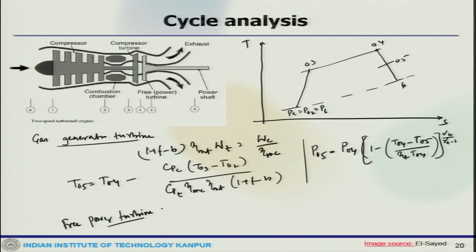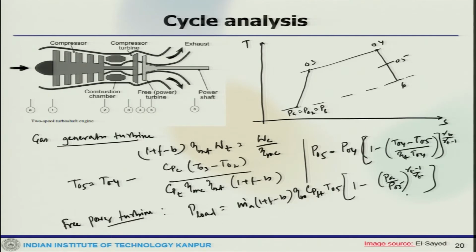So, the power delivered to the load would be P_load = m_dot_A (1 + F - B) eta_m Cp_Ft T05 [1 - (Pa/P05)^((gamma_T - 1)/gamma_T)]. So, that is how the analysis actually holds for a turboshaft engine.